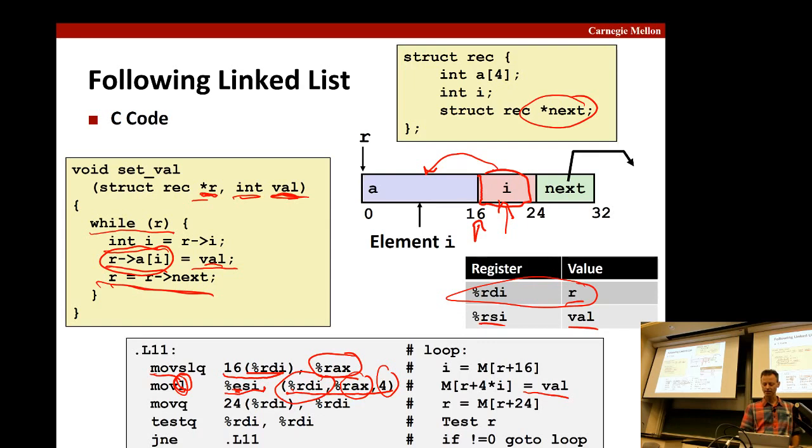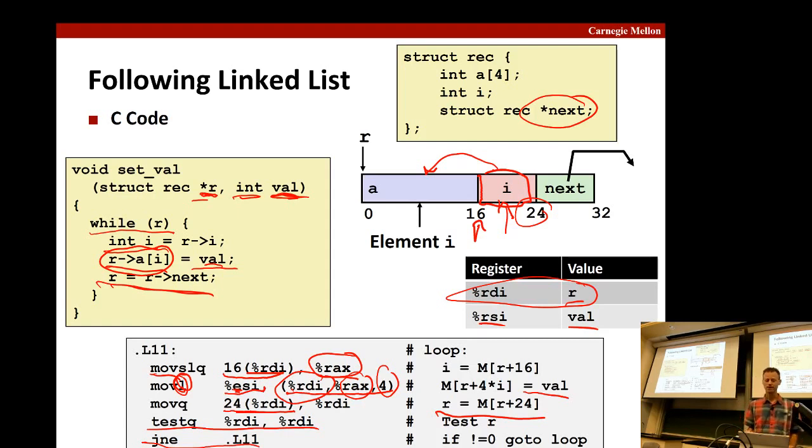We take the current pointer R and replace it with the pointer that's found 24 past R, which is basically this next pointer. This has the effect of assigning R to be whatever the next was before. Then we have our test to see if that's a null pointer, and if it's not null, then we loop again.